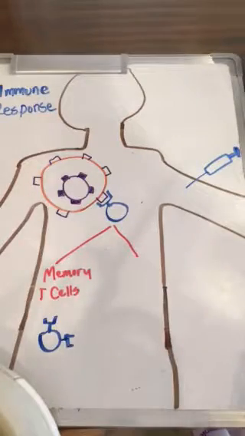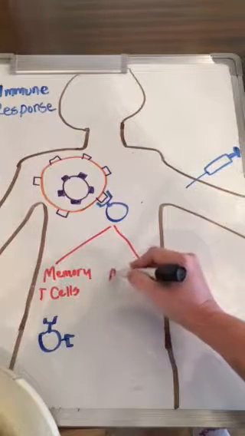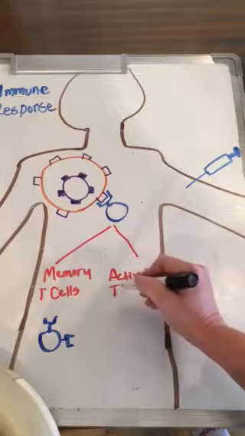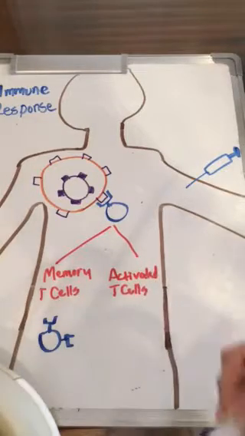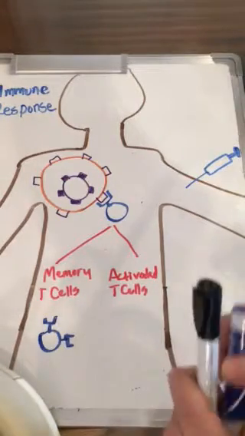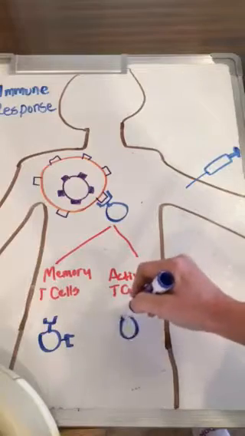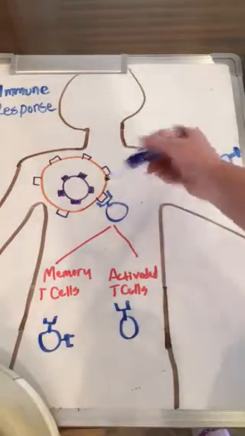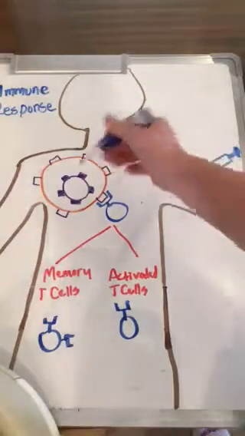The other type of response that happens is it makes activated T cells. And these are just like it sounds. These are active T cells that will right away be built to come and attack these foreign invaders.